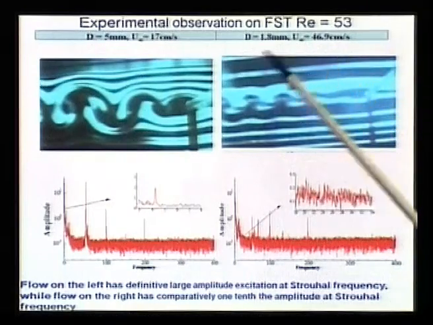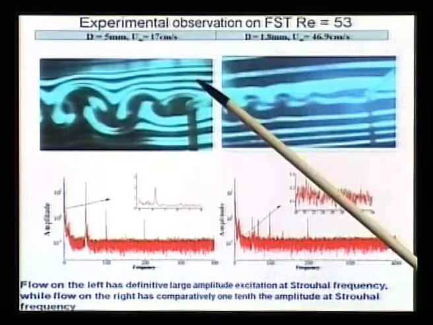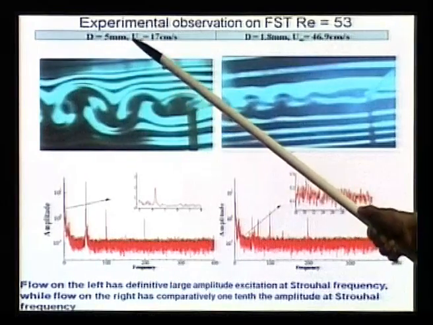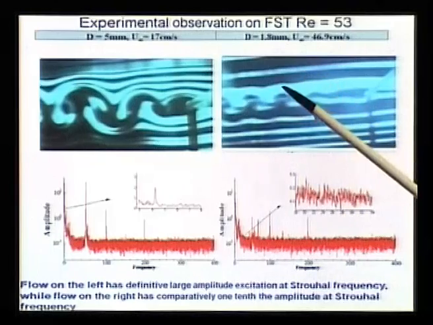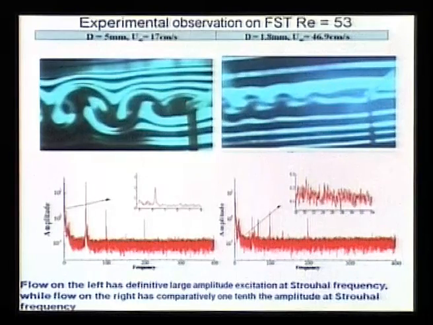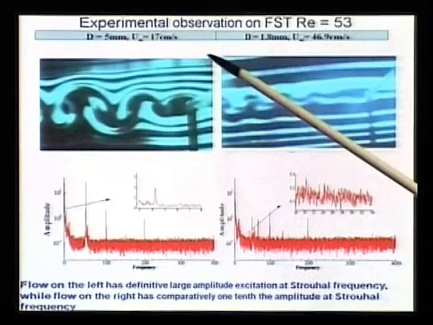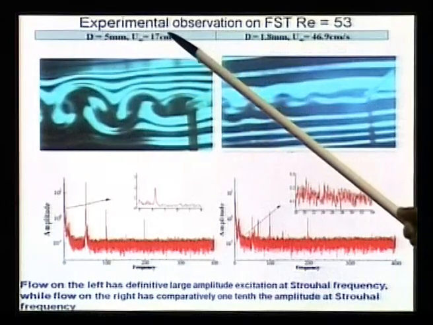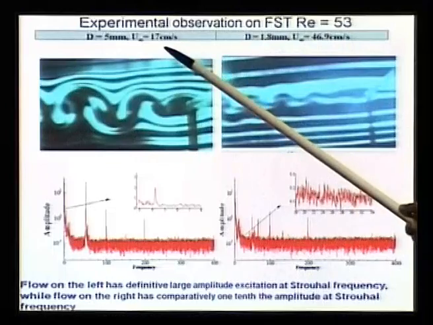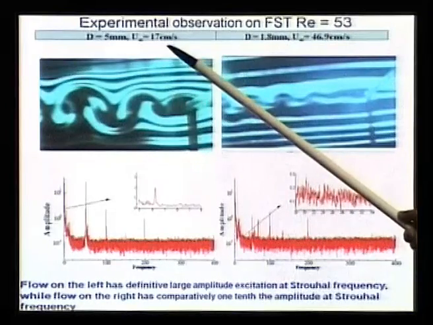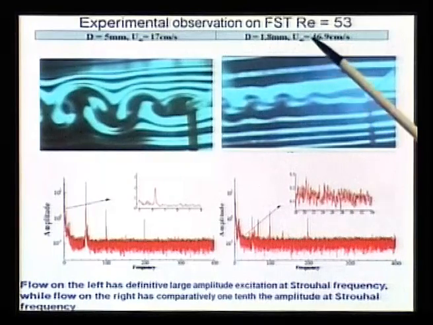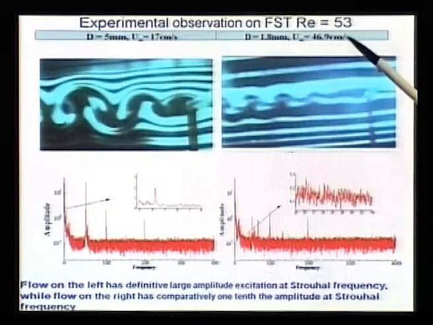This Reynolds number was achieved for two cylinders of two different diameters, one with 5 mm diameter, the other one 1.8 mm diameter. The higher diameter cylinder allows you to run the experiment at a very small tunnel speed of 17 centimeter per second. When you reduce the diameter, you run it at 46.9 centimeter per second.